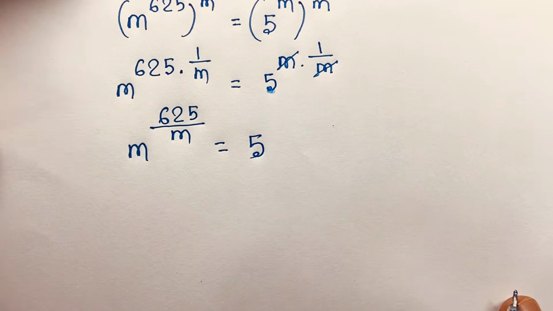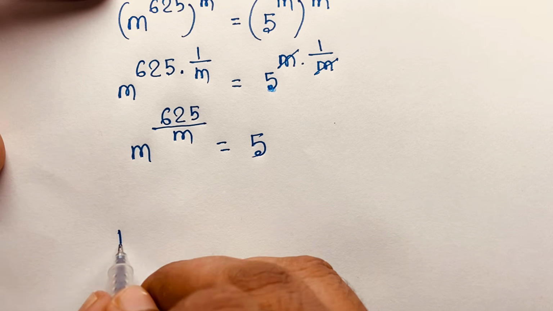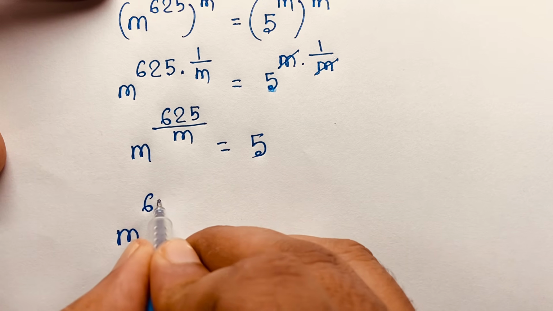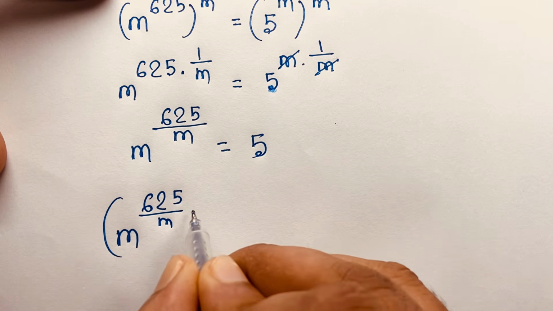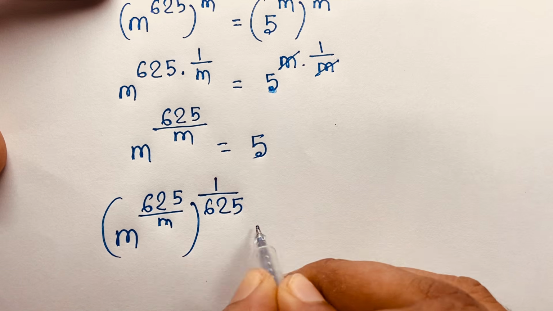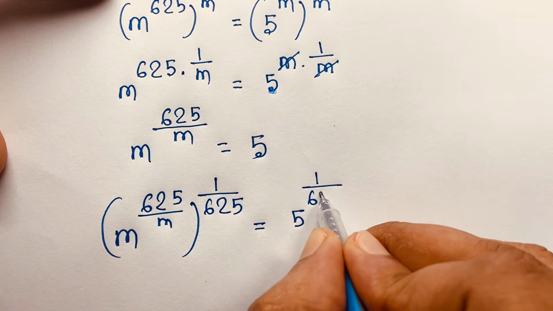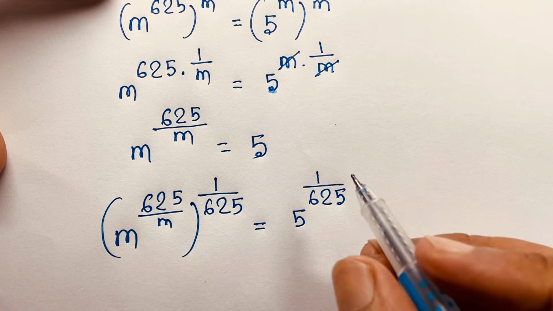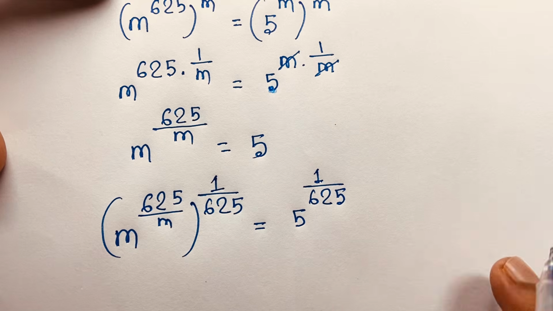Now at this moment, I again use exponent 1 over 625 on both sides: m to the power 625 over m, bracket whole to the power 1 over 625, is equal to 5 to the power 1 over 625.